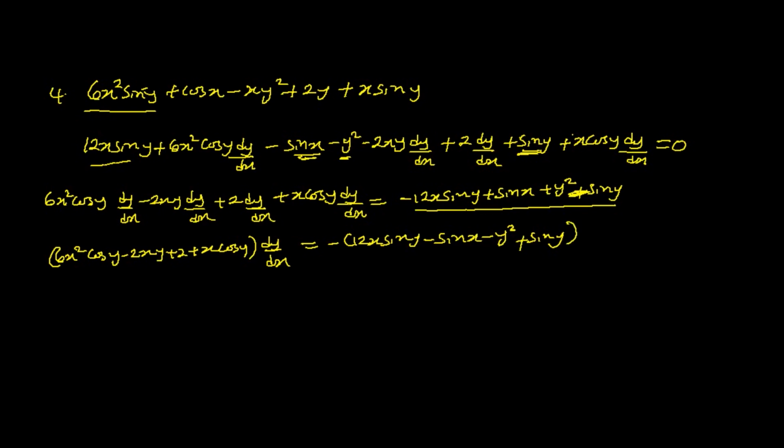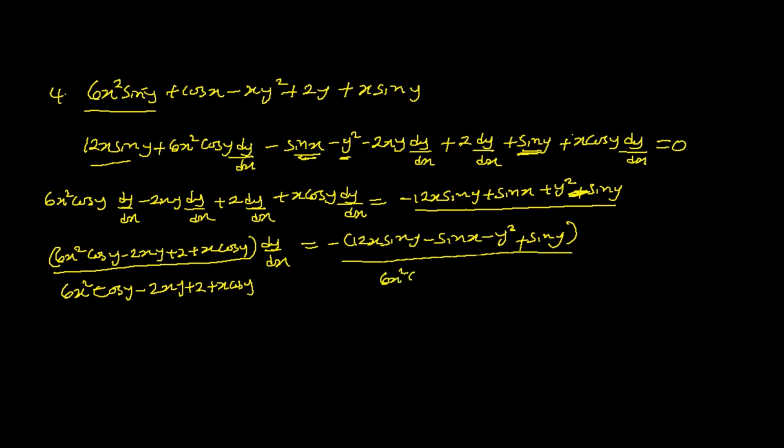So the next thing you have here is to divide both sides by 6x squared cos y minus 2xy plus 2 plus x cos y divided by 6x squared cos y minus 2xy plus 2 plus x cos y.